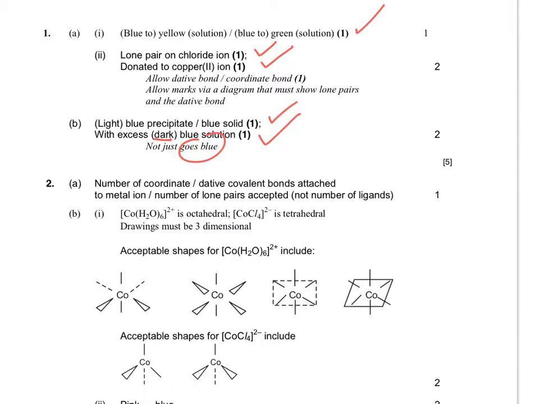So we correctly describe the number of coordinate bonds, the total number of coordinate bonds. I would maybe go a bit further here, considering it's a slightly older specification question. In the new specification, the total number of coordinate bonds that are attached to the central metal ion is what you want.